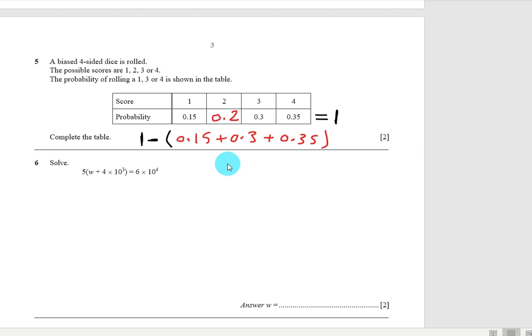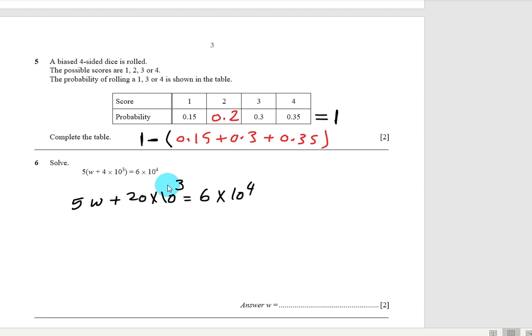Now solve this equation. Let us see the equation: 5w plus 5 multiplied by 4 is 20 multiplied by 10 power 3 is equal to 6 multiplied by 10 power 4.